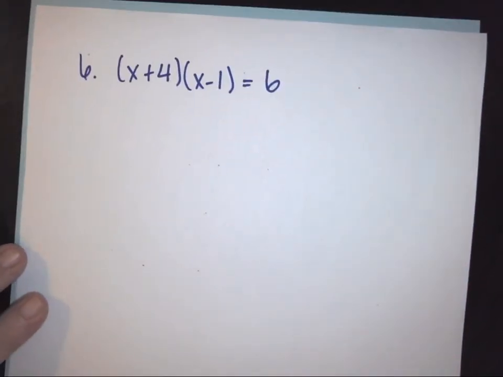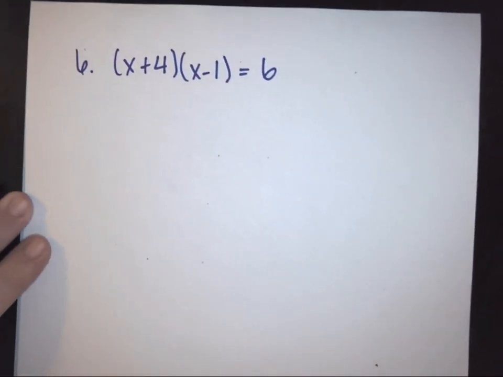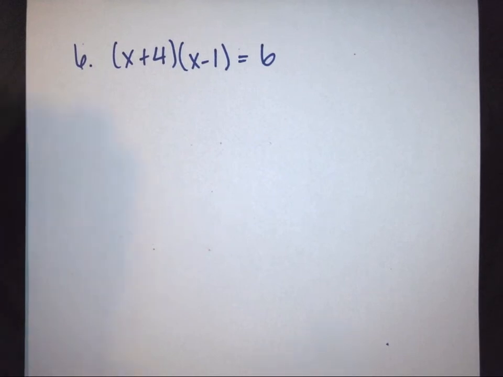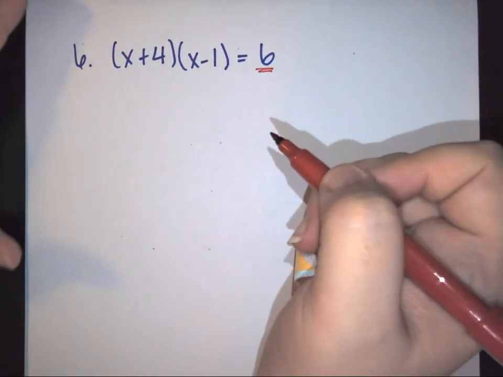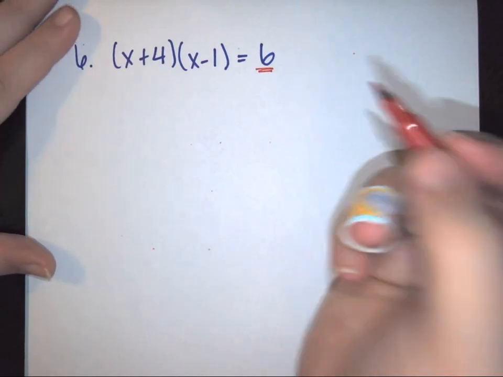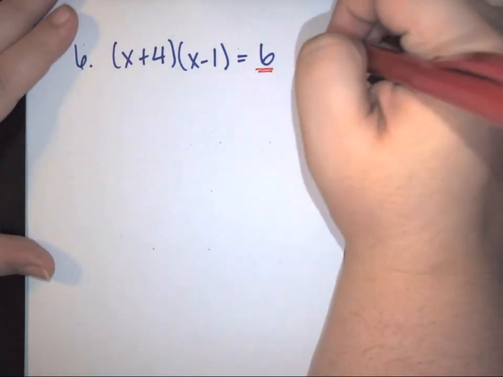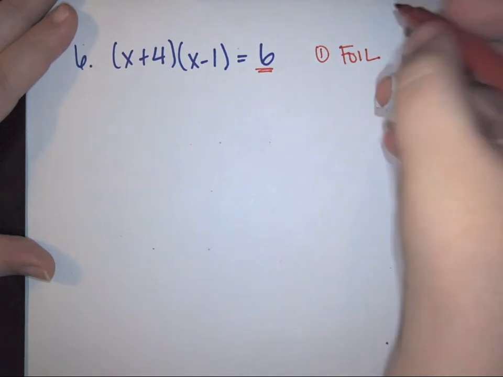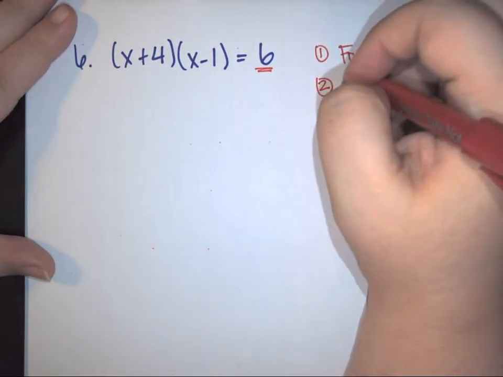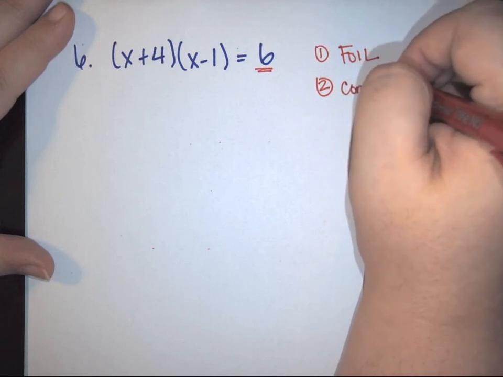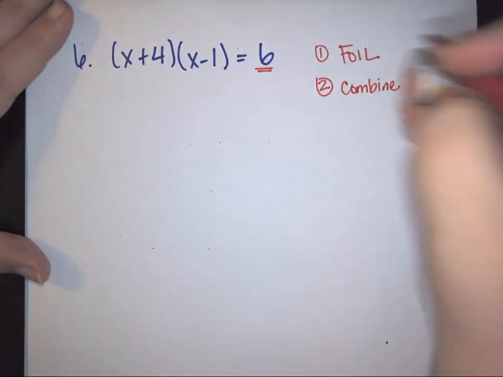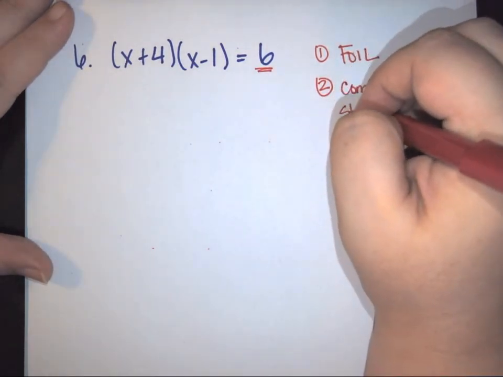Alright, let's take a look at one more. Again, you have to backtrack a couple of your steps first, and the reason for that is because of this 6 here. So the first thing that I have to do in this case is I have to FOIL, and that leads me to be able to combine into standard form.